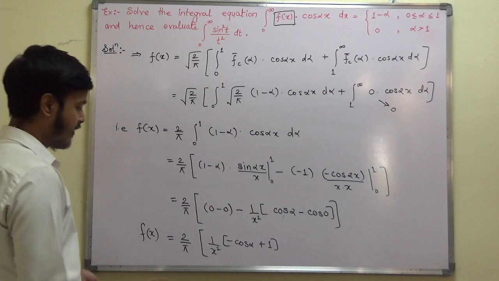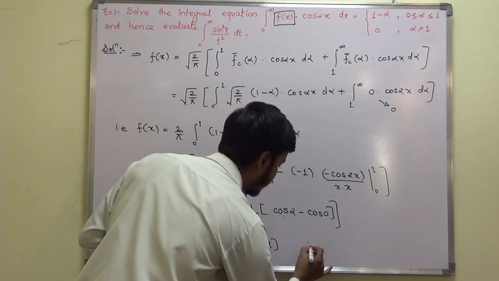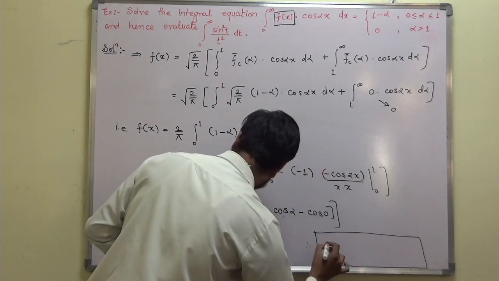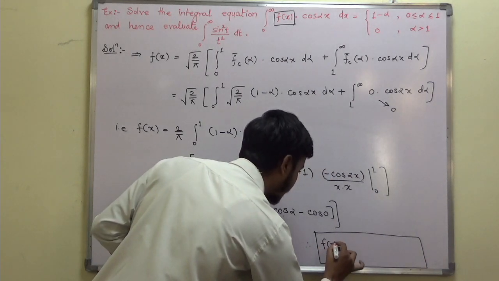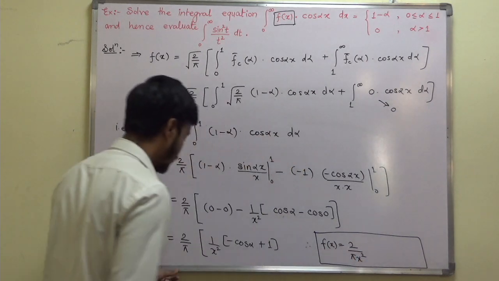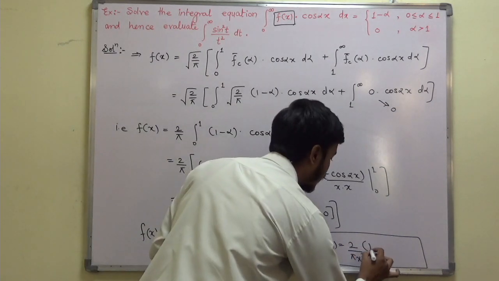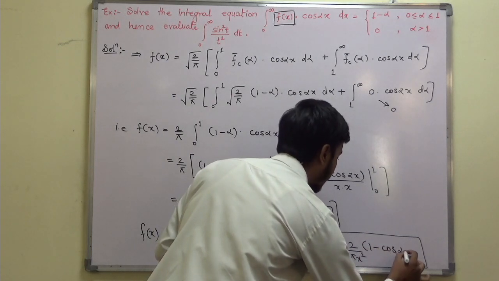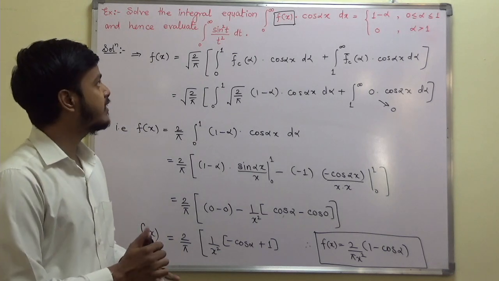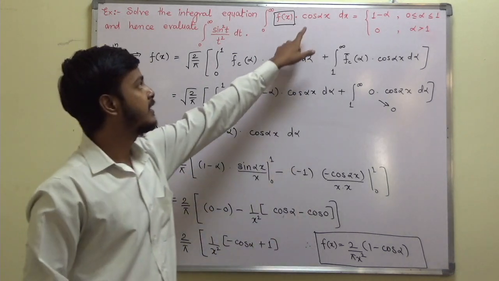If you want, we can write it nicely and pack it in a box. So f of x is equal to 2 by pi into 1 by x square, 1 minus cos alpha. This is my f of x. Now this is just the first part.